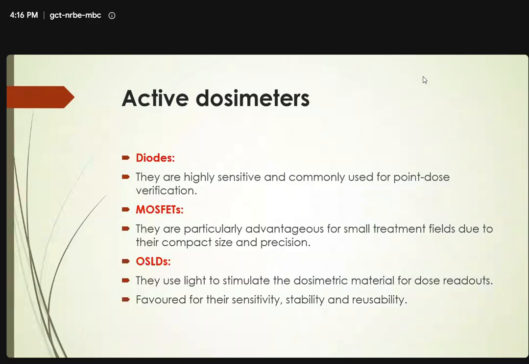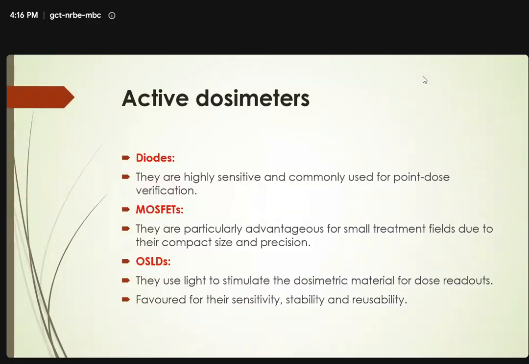Now, active dosimeters. Active dosimeters are diodes, MOSFETs, and OSLDs. These diodes are highly sensitive and they are commonly used for point dose verification. MOSFETs are particularly advantageous for small treatment fields due to their compact size and precision.